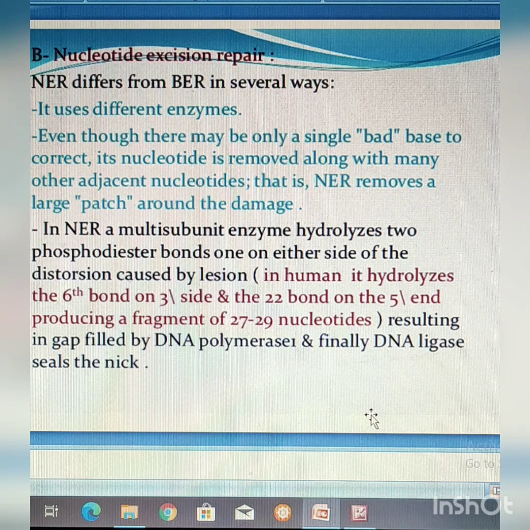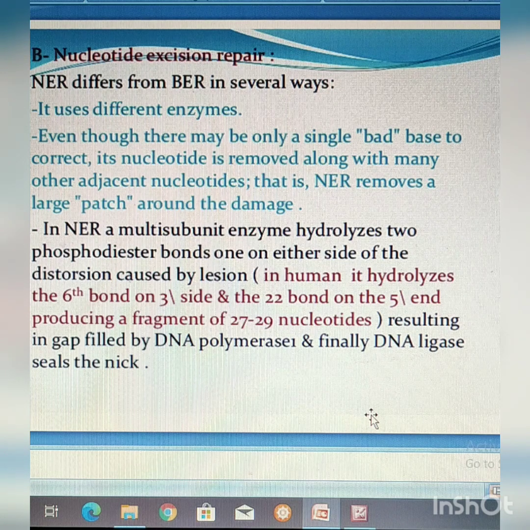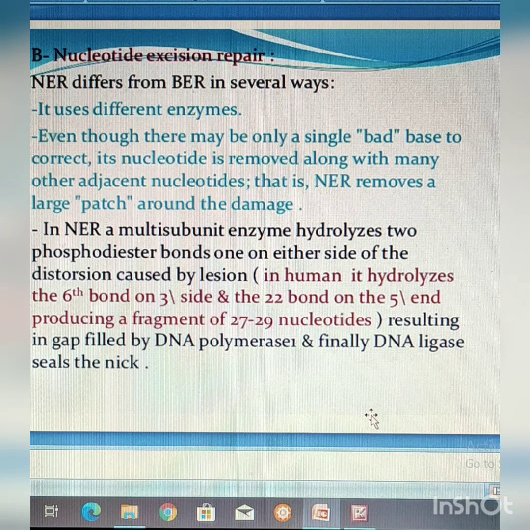The nucleotide excision repair differs from base excision repair in several ways. It uses different enzymes. Even though there may be only a single base that is inappropriate to correct, its nucleotide is removed along with many other adjacent nucleotides. That is, NER removes a large patch around the damage.